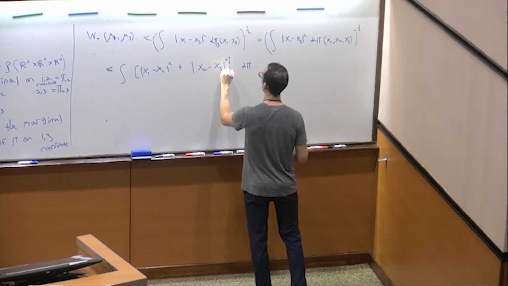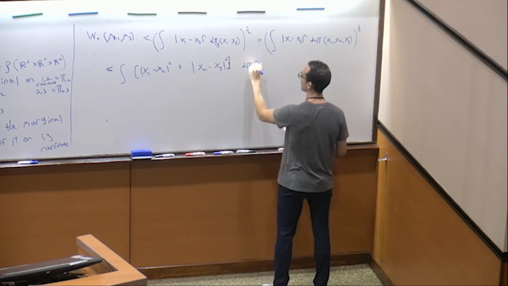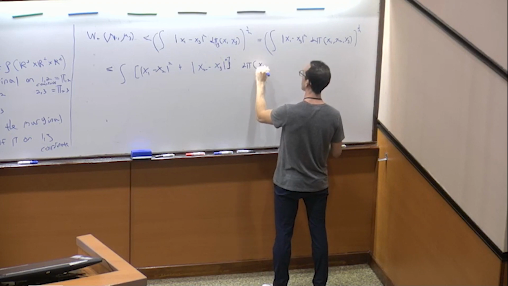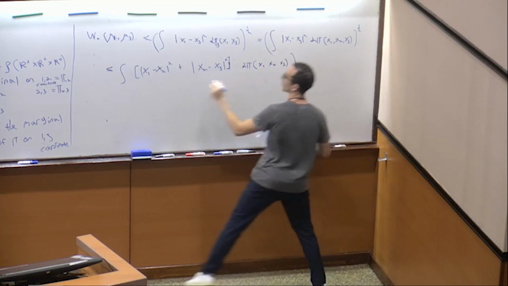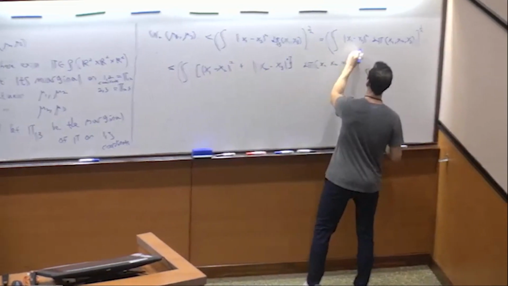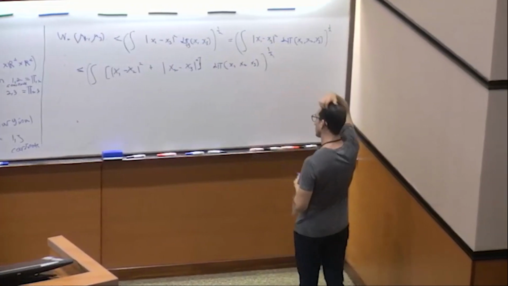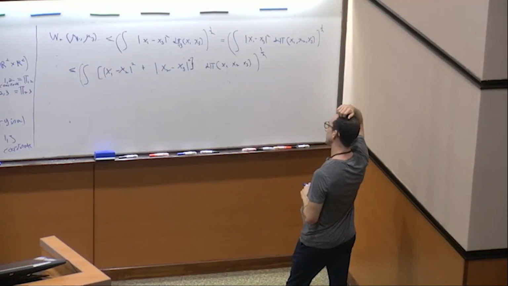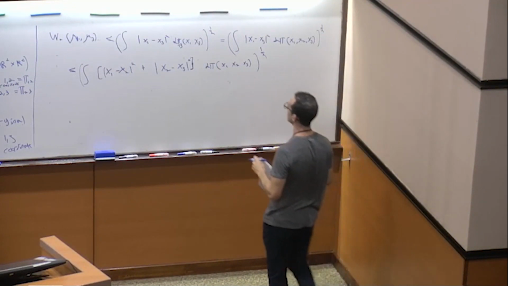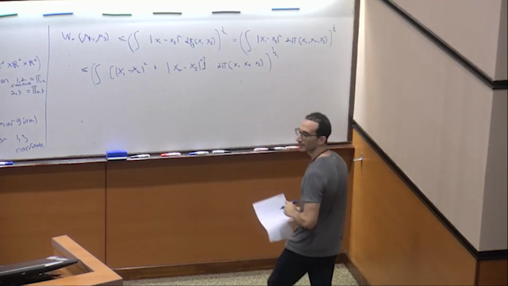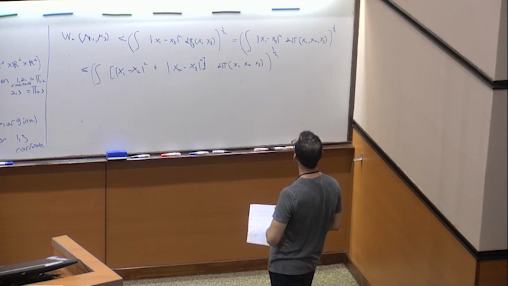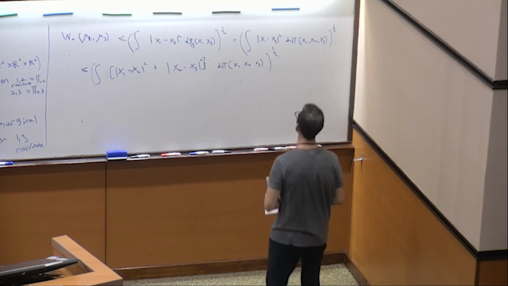We can have the coordinates, the square, that's okay. Okay, the square roots. Yeah, so you just write x1 minus x3 as x1 minus x2 plus x2 minus x3, and then apply Minkowski's inequality with respect to pi.